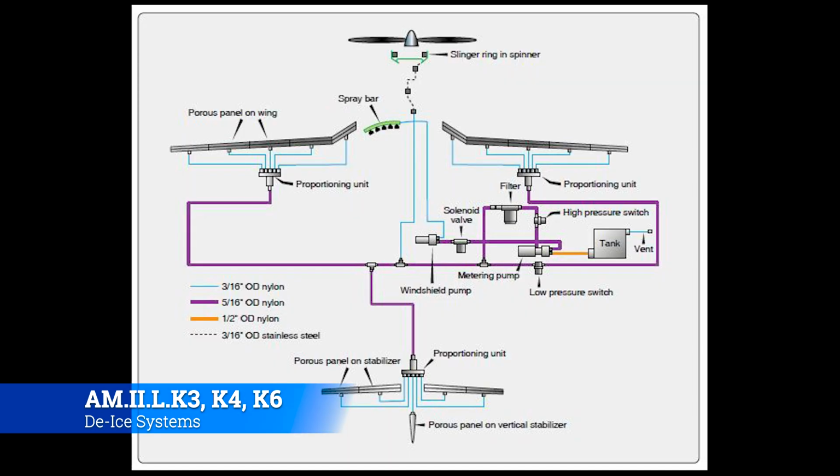Okay, here's a notional TKS distribution system on a small GA airplane. Notice it starts with a tank, goes to a metering pump, and then gets distributed throughout the aircraft. On here they have 5/16 nylon tubing, which feels like plastic tubing, and then it goes to these distribution manifolds.